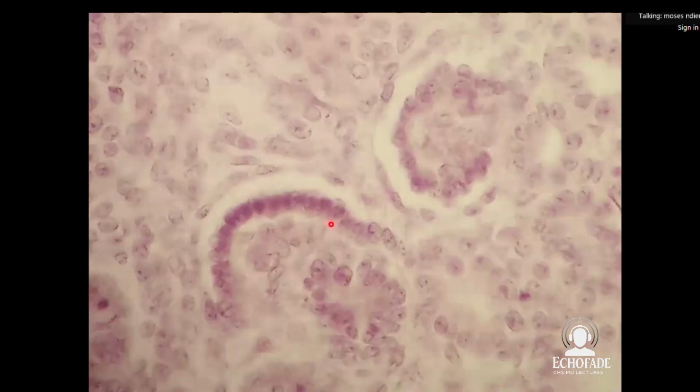So these are the macula densa cells. Sorry, not macula densa cells. This one here is the Bowman's corpuscle being formed. This is the epithelium, and this is the Bowman space, and these are the podocytes. So these are renal vesicles.